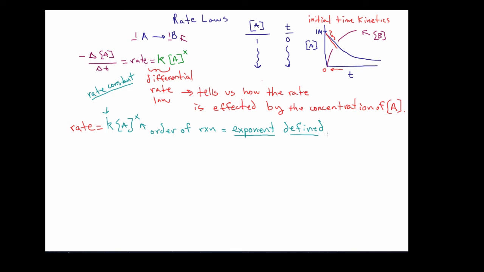So the exponent is defined experimentally only. We have to get it from our data, and I'll be taking us through some videos that show us how we do that. First off, though, I want to describe what this thing is.